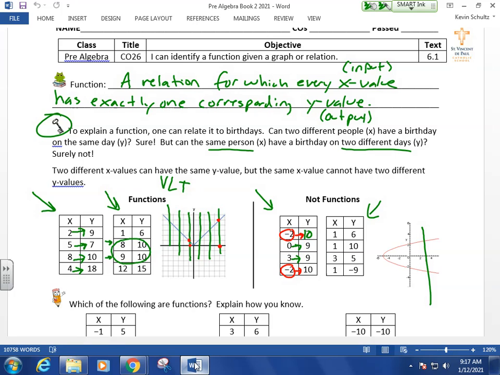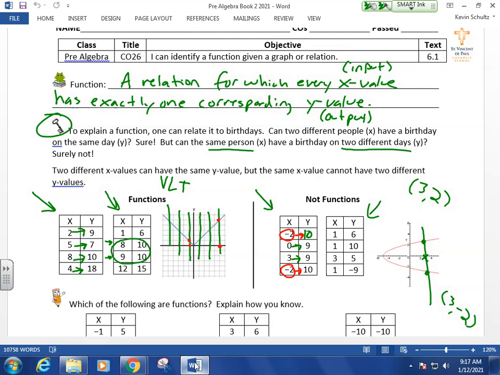That's because in this example, when x is 3, it looks like y is both about +2 and about -2, right? The ordered pairs 3, 2, and 3, -2 are both on the graph. 3 can't be both 2 and -2 for it to be a function.